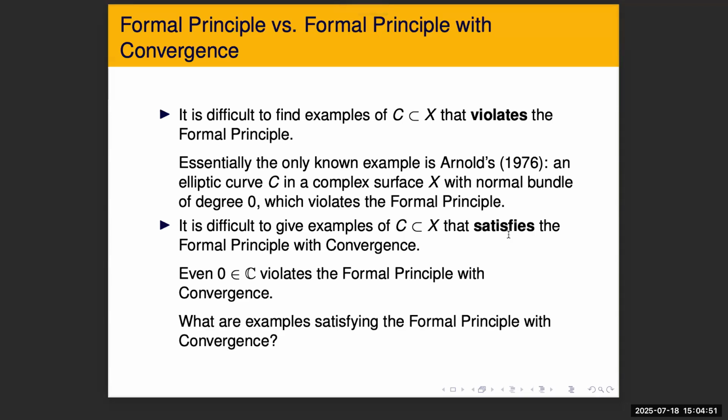What are examples satisfying the formal principle with convergence? It's not easy. But I will show you some examples. Our main results are some examples of submanifolds satisfying the formal principle with convergence.